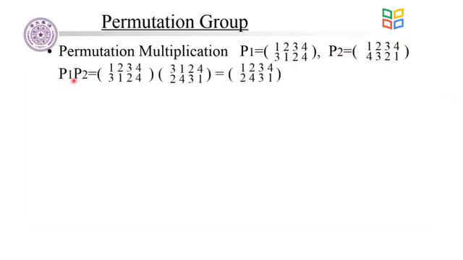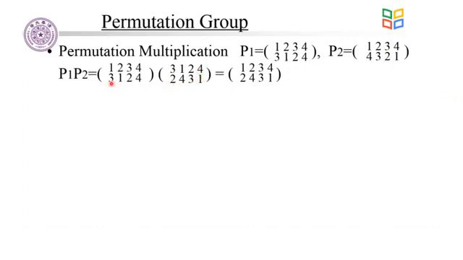Let's first look at P1 times P2. First we transform 1, 2, 3, 4 into 3, 1, 2, 4. Then P2 means transforming 1, 2, 3, 4 into 4, 3, 2, 1. To combine with P1, we rearrange P2: the corresponding 3 is transformed into 2, 1 is transformed into 4, 2 is transformed into 3, 4 is transformed into 1.